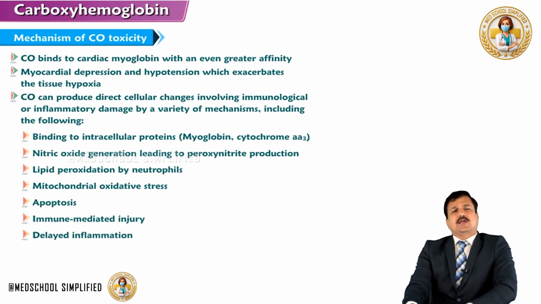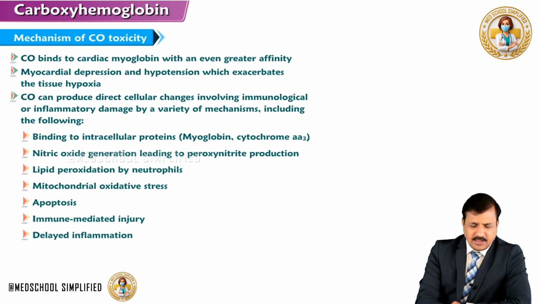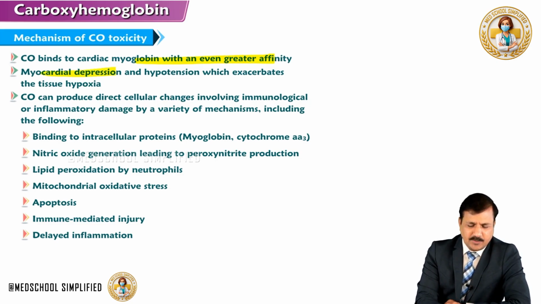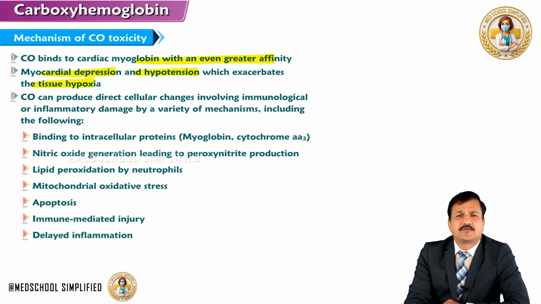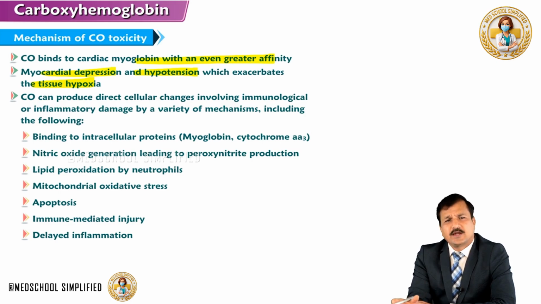Now, carbon monoxide binds to cardiac myoglobin with even greater affinity, and that leads to myocardial depression and hypotension, which again exacerbates the tissue hypoxia already caused by hemoglobin not releasing oxygen in the peripheral tissues. Carbon monoxide can produce direct cellular changes involving immunological or inflammatory damage by a variety of mechanisms.